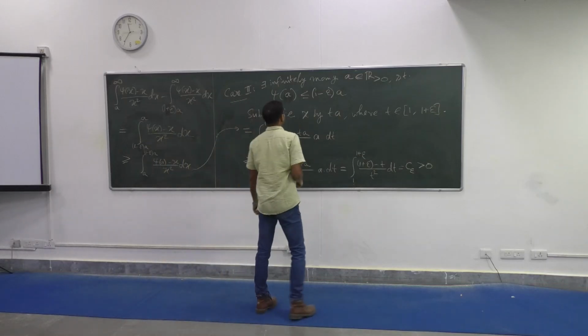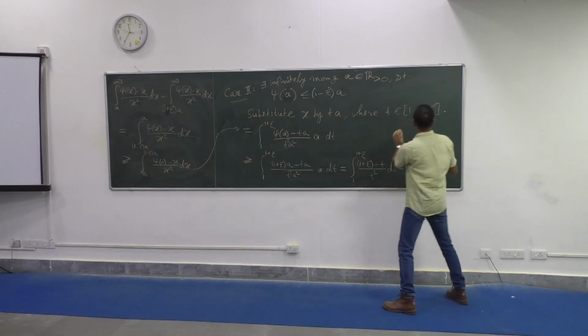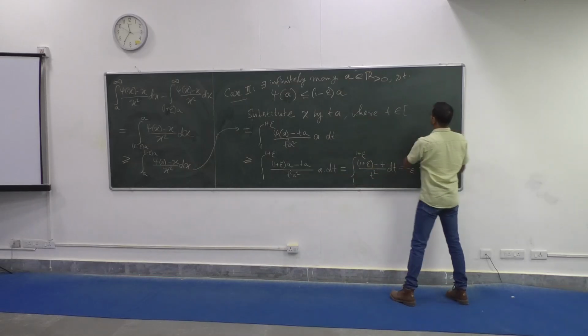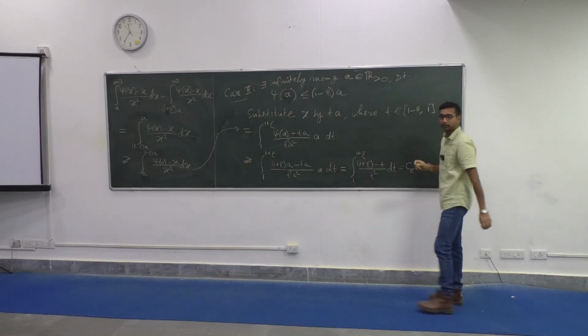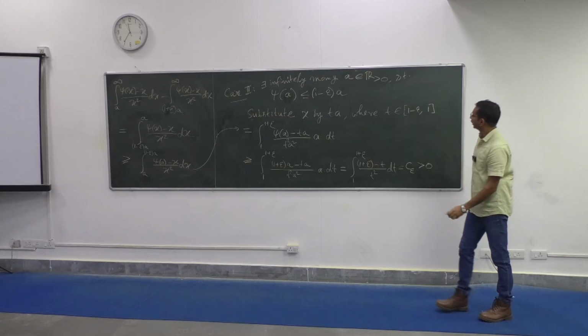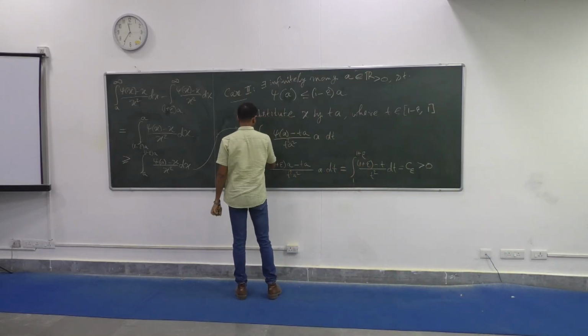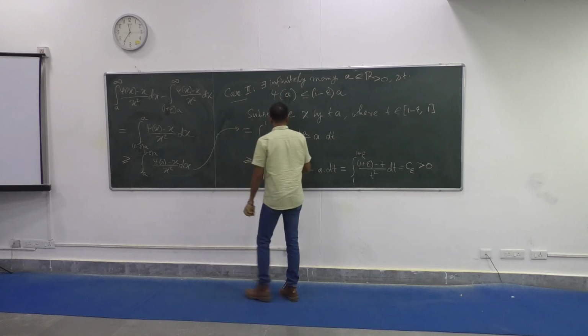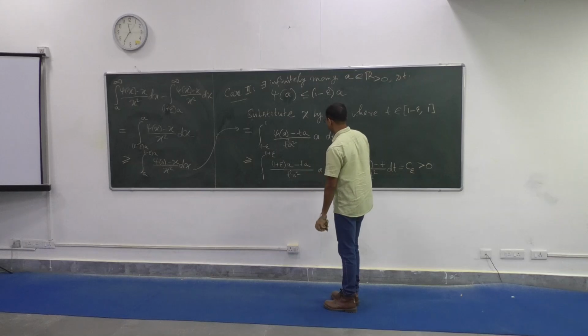Now we will again do the substitution, that is substitute x by ta, and t in the range will be from 1 minus epsilon to 1. And here we will consider this integral. Again, things will cancel.